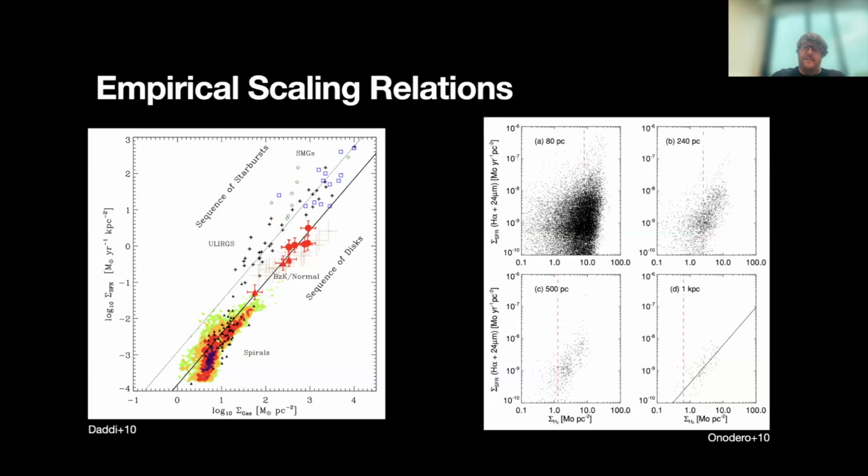But as we make the pixels of our resolution smaller, from 500 to 240 to 80 parsecs, so 80 parsecs is about the scale of an individual molecular cloud, we start to see that this relationship goes from a very tight relationship to one where there's no obvious star formation relationship at all, which is telling us that the Kennicutt-Schmidt relationship doesn't really work on the lowest scales of star formation either. So we can't really say unambiguously that the surface density of this gas is setting the star formation rate in a system.